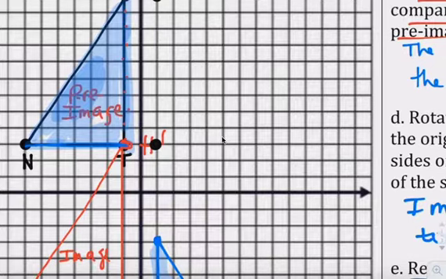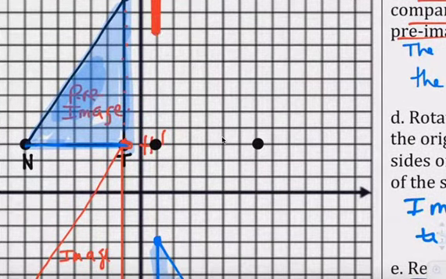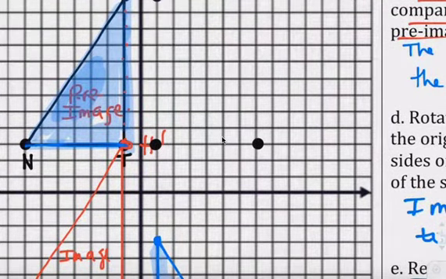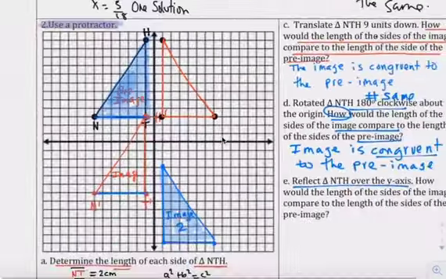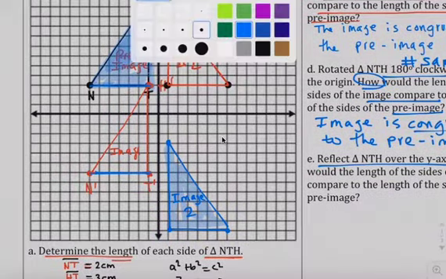And N would be 7 away, right there. This is called image number 3. Okay, let's color it in.